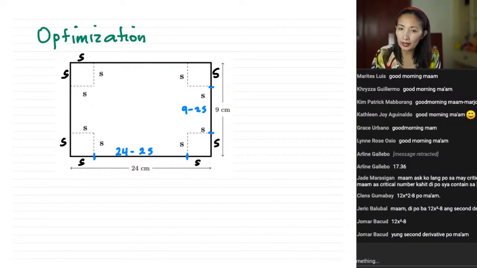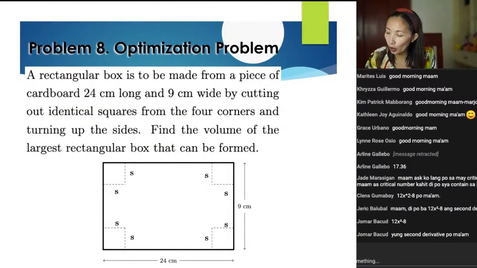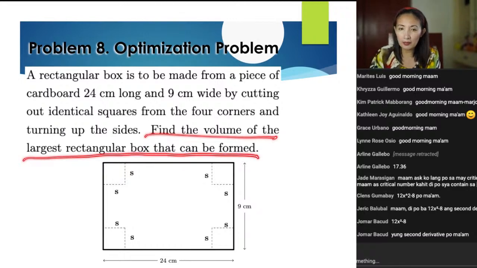Volume. The problem says, find the volume of the largest rectangular box that can be formed out of this.